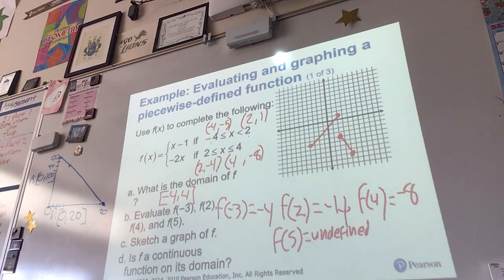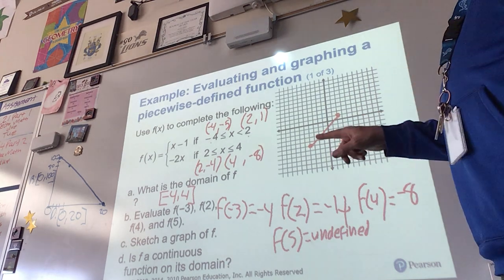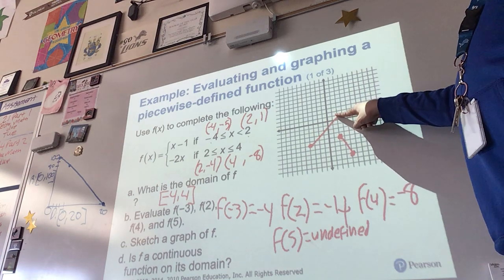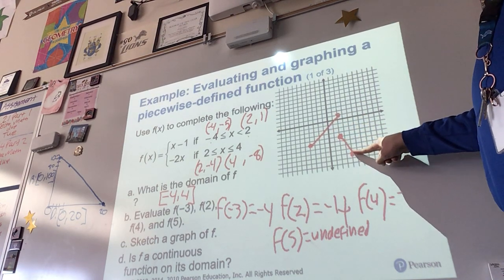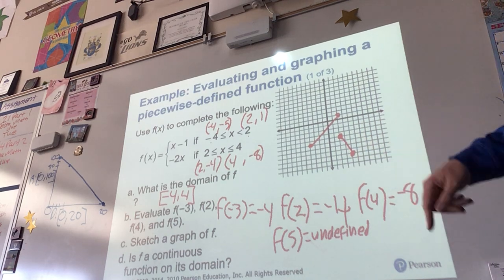This graph right here wants to know, is this continuous? That's our last question. Continuous means it's one single piece that has no holes and no jumps. You can draw it in one piece without picking up your pencil. I'd go from here to here. In order to get down here, I have to pick up my pencil and start over. So this is not continuous.